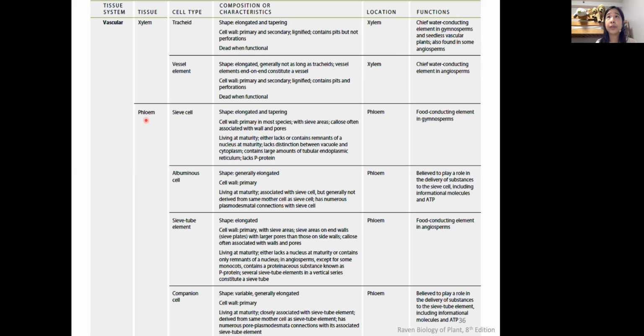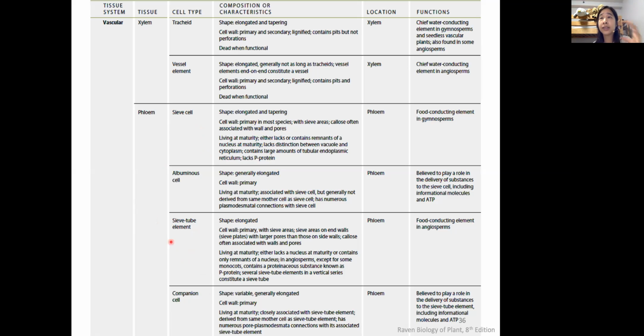For the phloem, you have sieve cells and albuminous cells. These two are found in gymnosperms or the pine tree. And you have sieve tube elements and companion cells. These two are found in angiosperms or flowering plants. If you make a pair, sieve cells and sieve tube elements are equivalent.